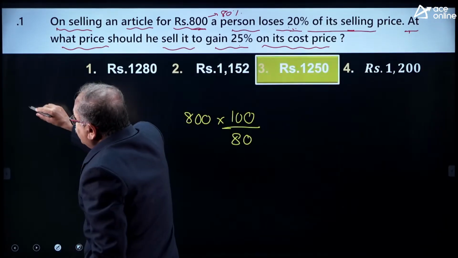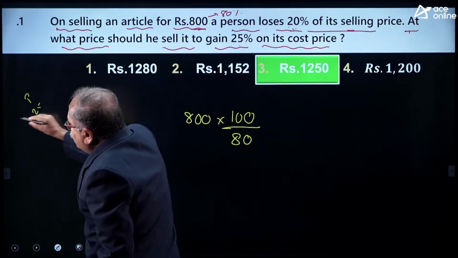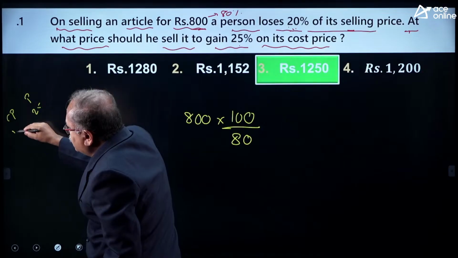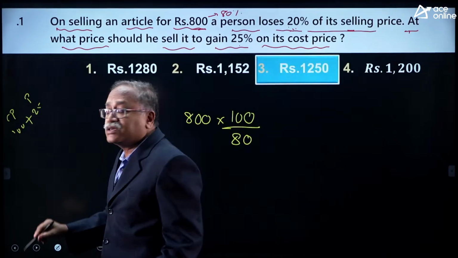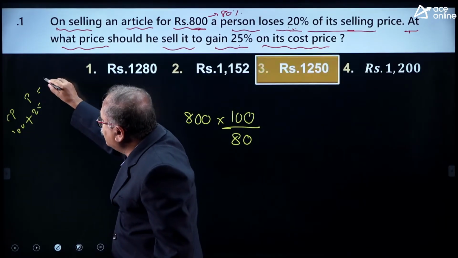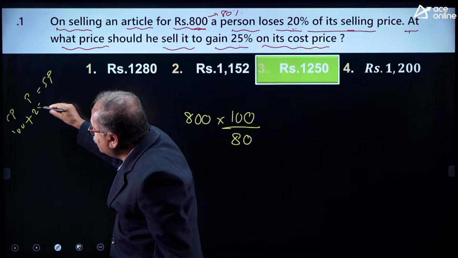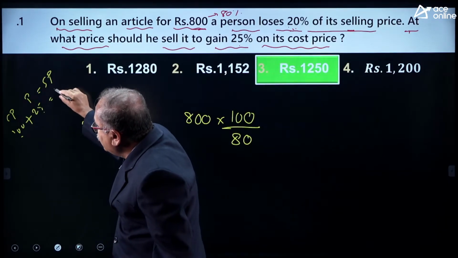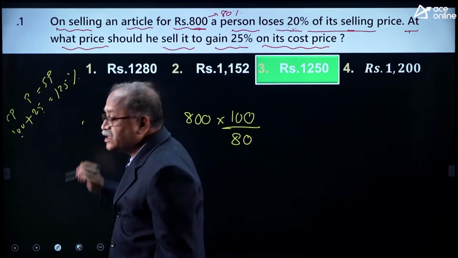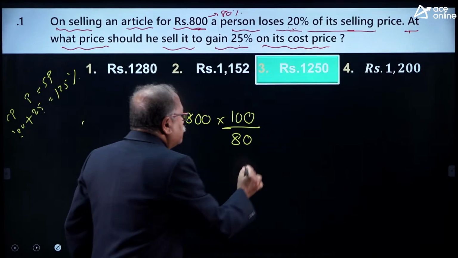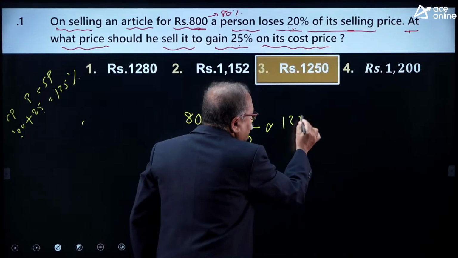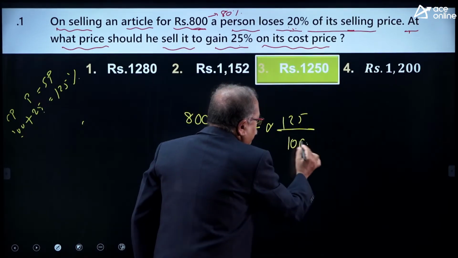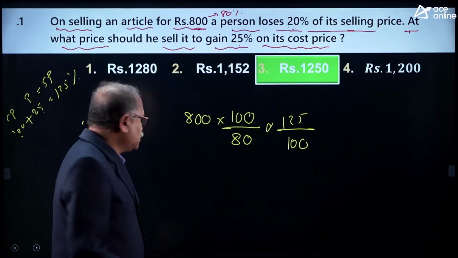If the profit is 25%, we know the cost price is always 100%. So if I need the selling price, then what percentage do I need? This is 100 plus 25, that is 125%. That means my requirement is 125 by 100. So you must have done it this way.